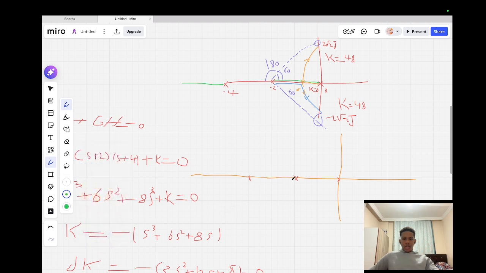The first branch, here we have 0.8. And here we have 2 square root of 2j.